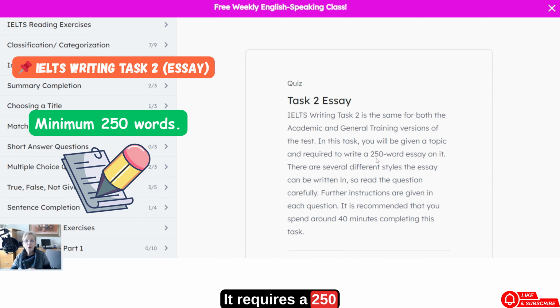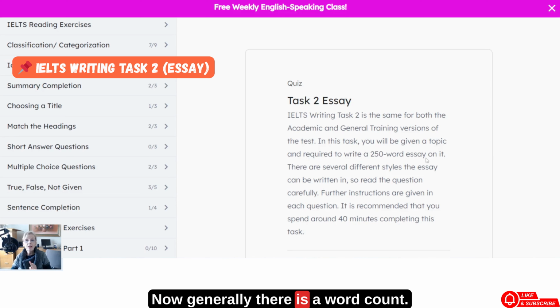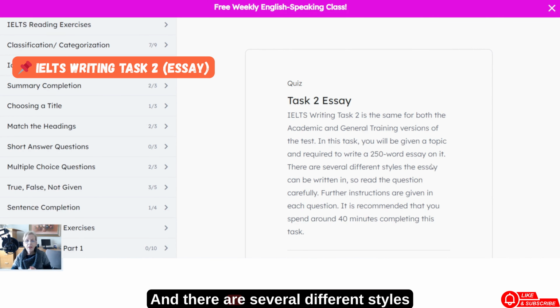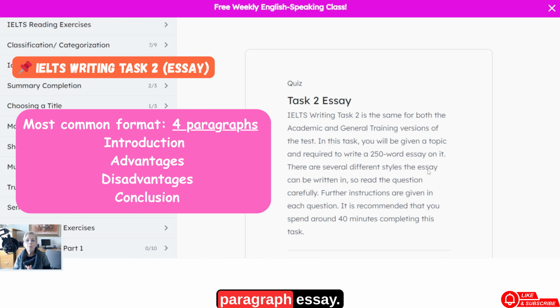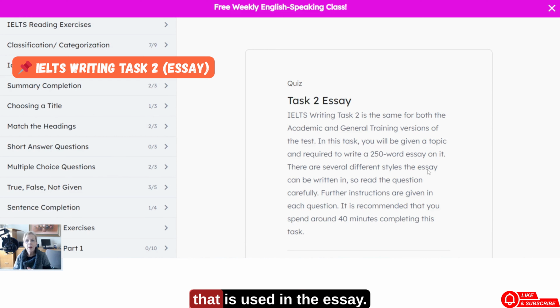It requires a 250-word essay. Now, generally, there's a word count, so you're not expected to sit and manually count the words. And there are several different styles that the essay can be written in. For today, I'm going to talk about the 4-paragraph essay because this is the most common format that is used in the essay.